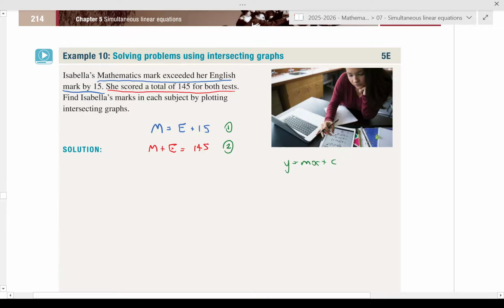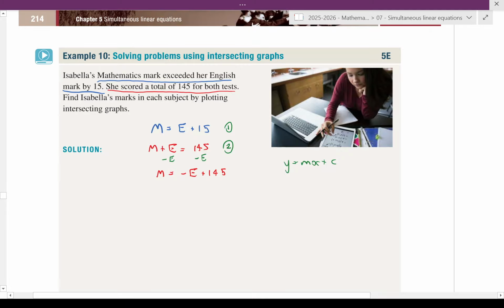So I'm going to subtract E from both sides. Okay, so I end up with M equals minus E plus 145. So now it looks a lot more like what we've got in the other one.